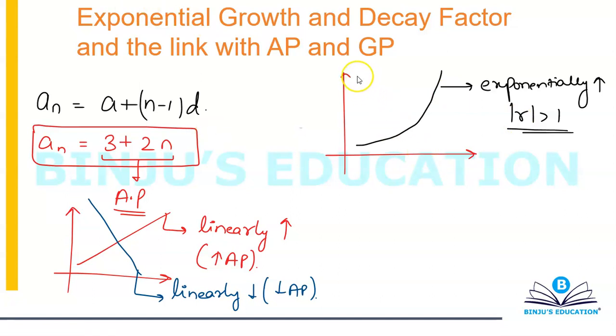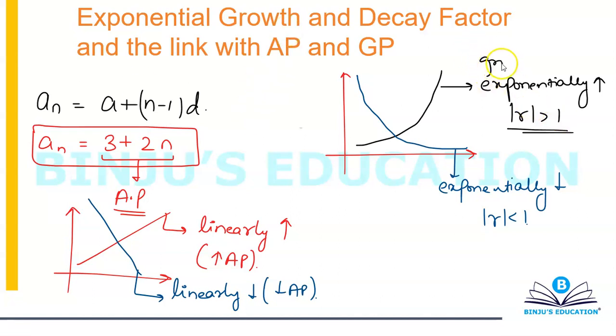And if you have a graph something like this, then this basically means exponentially decreasing. That is, mod of r is less than 1. So the two things that we discussed, that is the growth factor and the decay factor.